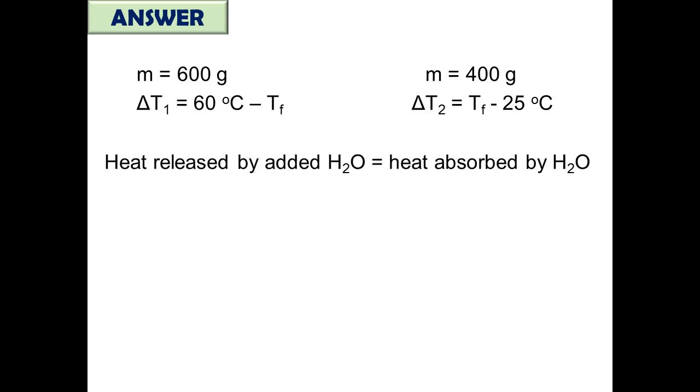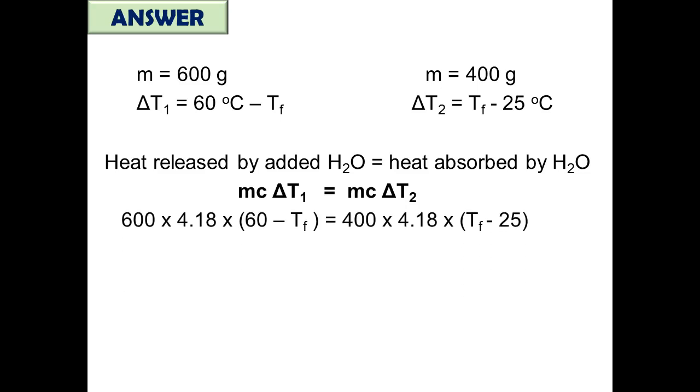By using the concept that the heat released by the added water equals the heat absorbed by the cool water, Q equals m c delta T for the heat released equals Q equals m c delta T for the heat absorbed. Fill in the data given. So we got the final temperature equal to 46.0 degrees Celsius.